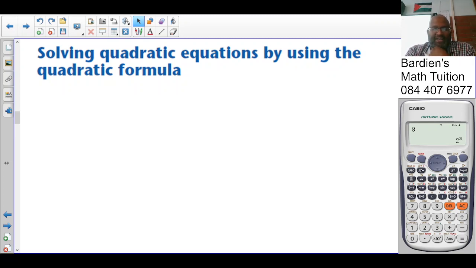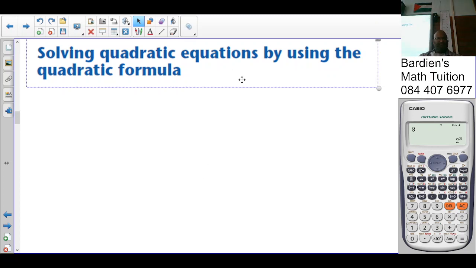This formula is derived below by completing the square. So I'm going to derive the quadratic formula for you. They asked you to prove this formula in the higher grade syllabus, but for you guys, it is not examinable. But I'm going to show you how we actually derive that formula.